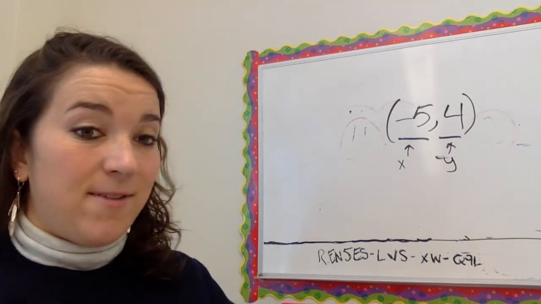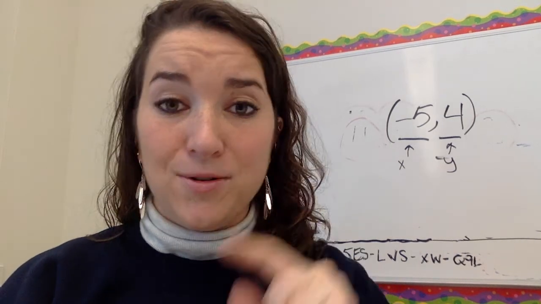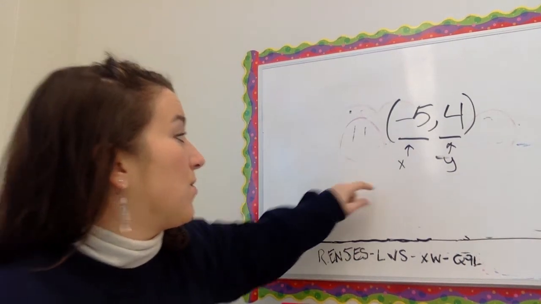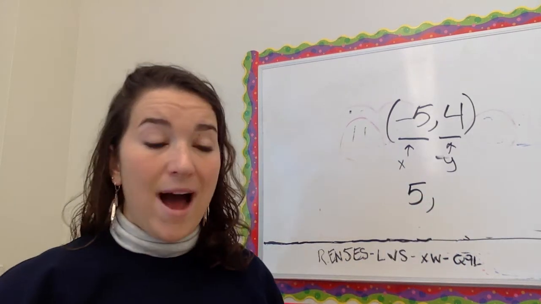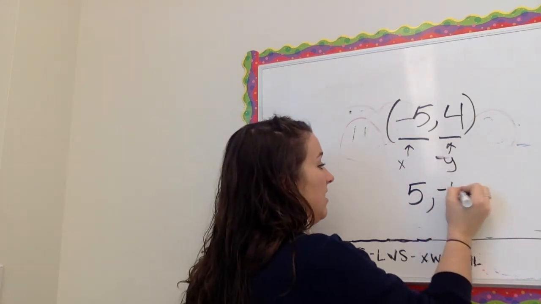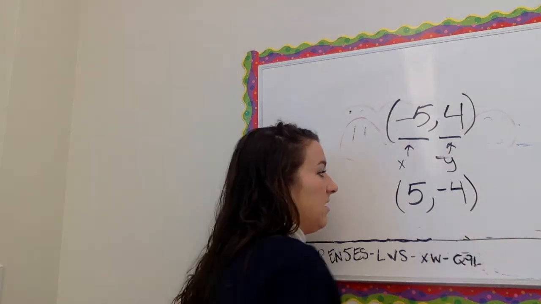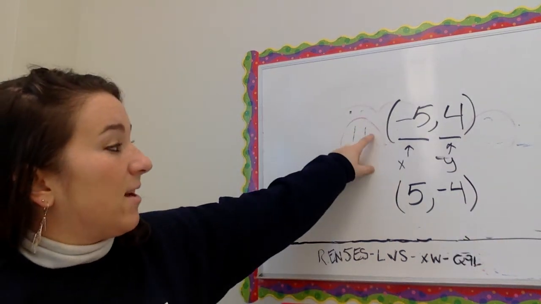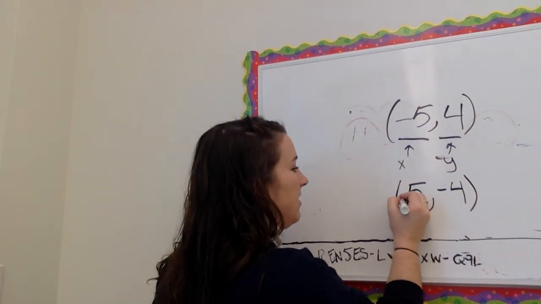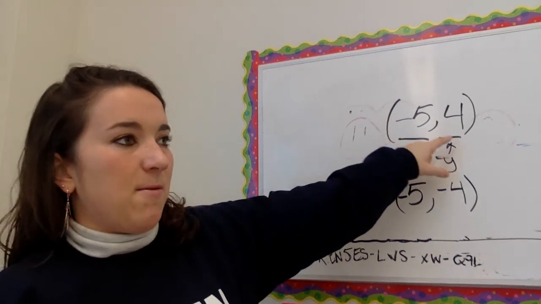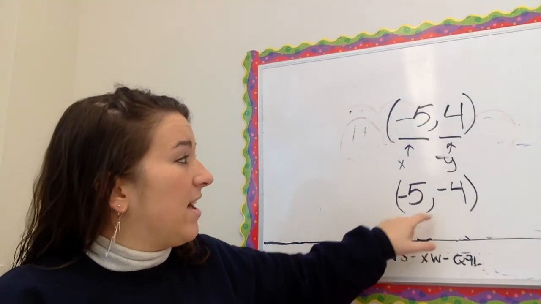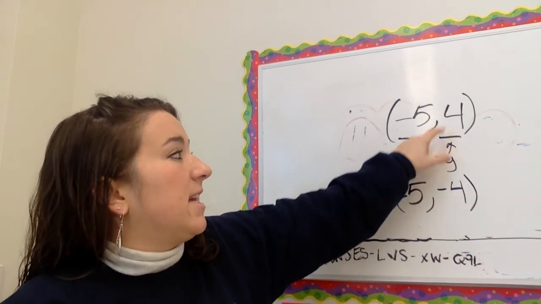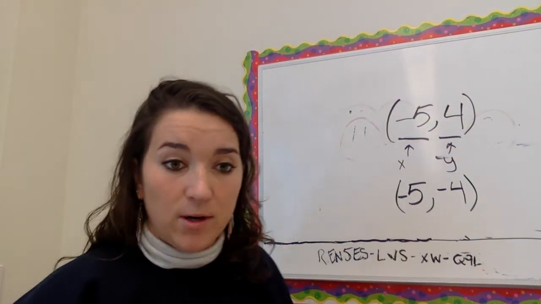That's rule number 1: to reflect across the x-axis, you keep the x-coordinate and make the y-coordinate its opposite. So if you reflect negative 5, 4 over the x-axis, the x-coordinate stays negative 5, and the y-coordinate becomes the opposite of 4, which is negative 4.